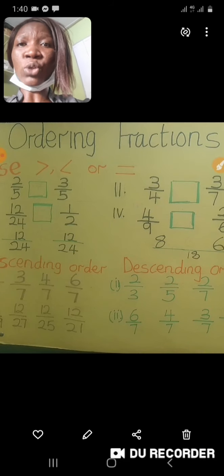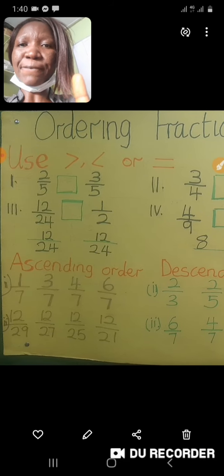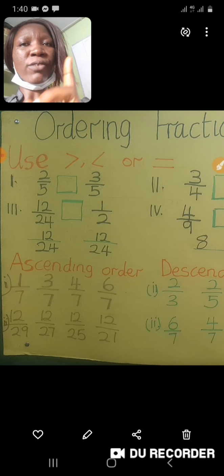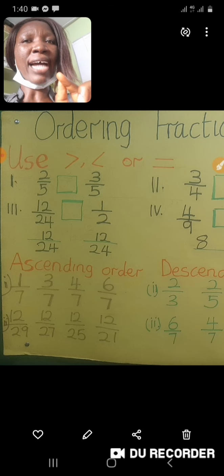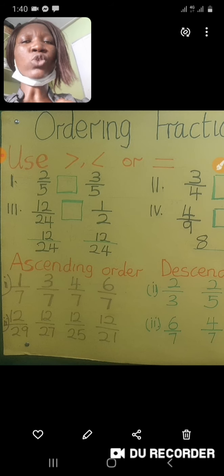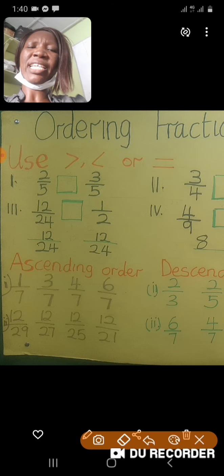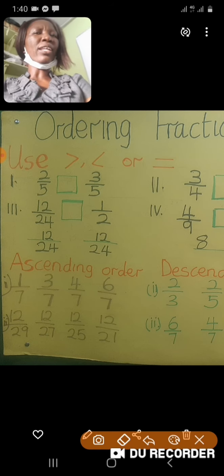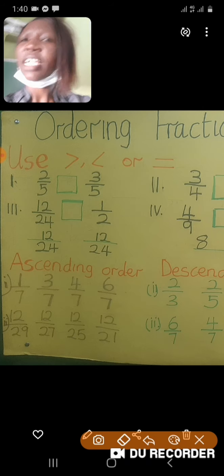So with that rule, let's go back to the use of greater than, less than, and equal to. We have 2 out of 5 and 3 out of 5. Which fraction is bigger? Which fraction is smaller? Yes. Think of the rule.